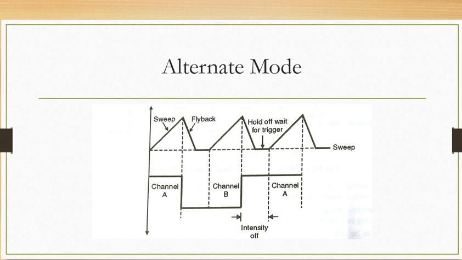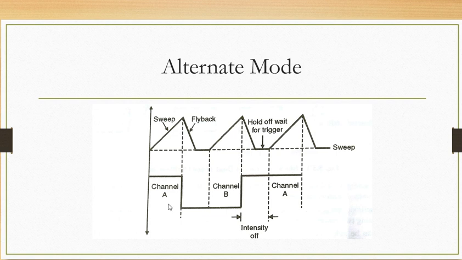If you know the JK flip-flop's toggle mode or the T flip-flop's toggle mode, you will easily understand how the switch is connected, okay. So the toggle flip-flop is used to toggle the switching between them, okay. Initially we set the position of channel A to the upper half of the screen and the position of channel B to the lower half of the screen, okay, so that you can see these waveforms separately, okay.